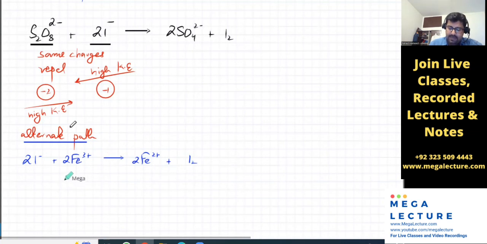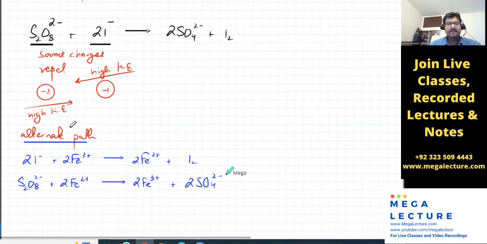Then that Fe2 plus that is formed goes to S2O8 2 minus, where S2O8 2 minus gains electrons from it, and 2 Fe3 plus is again formed, and 2 SO4 2 minus is formed.